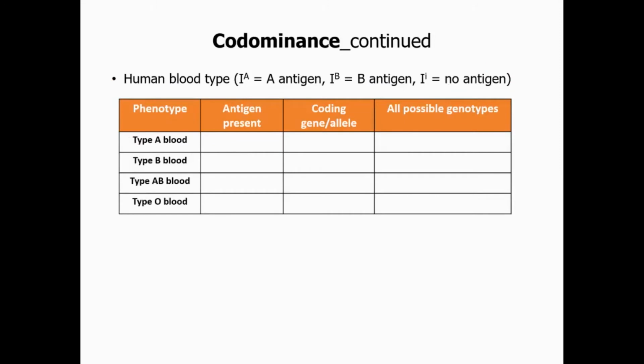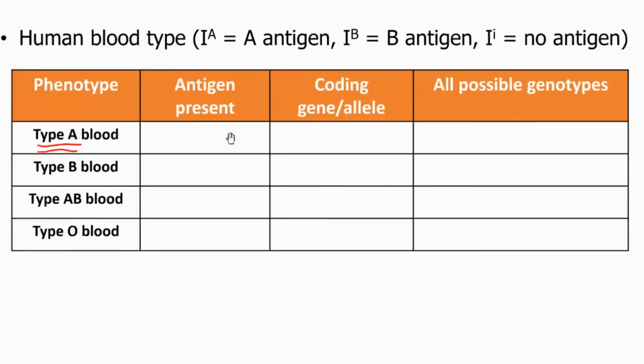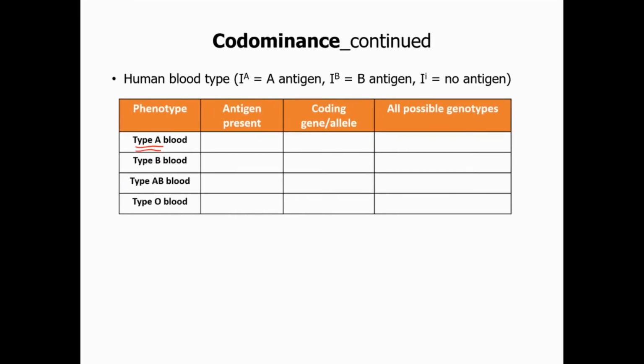Another very useful example for codominance is actually human blood types. We did a little bit of blood typing in the blood typing virtual lab. So I will talk about more details when we do the lab test review. For here, just some really quick information. Type A, if you remember from the virtual lab, is really determined by the A antigen present on the surface of red blood cells.